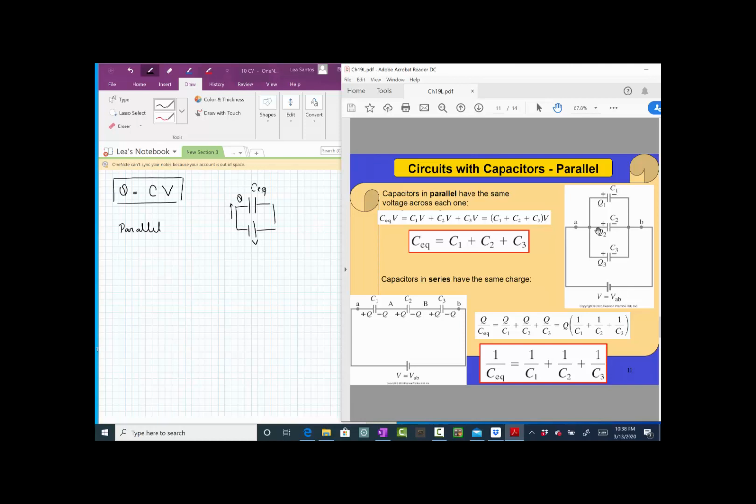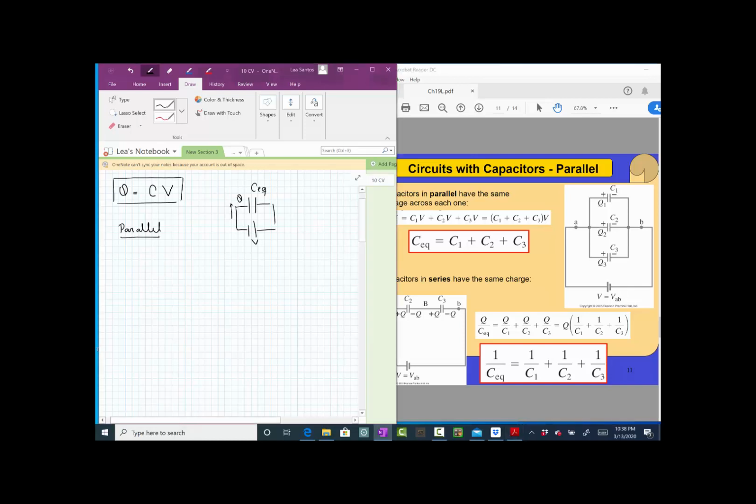Okay, so what do we know about this circuit where the capacitors are in parallel? That the Q splits into Q1 plus Q2 plus Q3. Okay, what else do we know in this circuit? We know that each one of these capacitors is subjected to the same potential difference, VA minus VB. It is VA minus VB for this one, VA minus VB for this one, VA minus VB for this one.